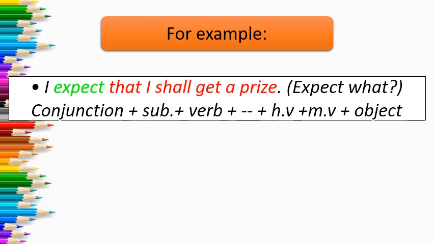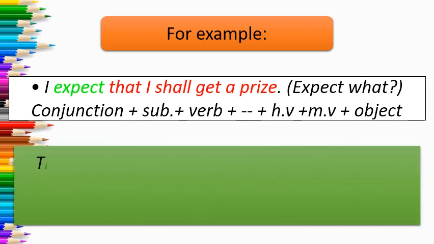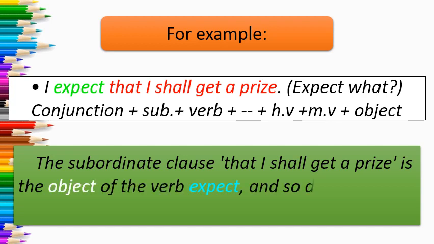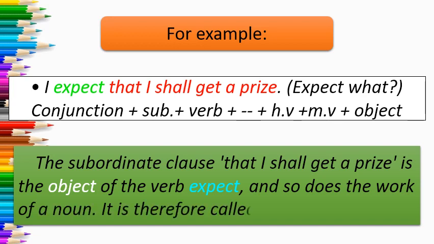So here that is a conjunction, or you can say relative pronoun. I is subject here. After that, shall is helping verb, get is main verb and a prize is an object. So the subordinate clause, that I shall get a prize, is the object of the verb expect, and so does the work of a noun. It is therefore called a noun clause.